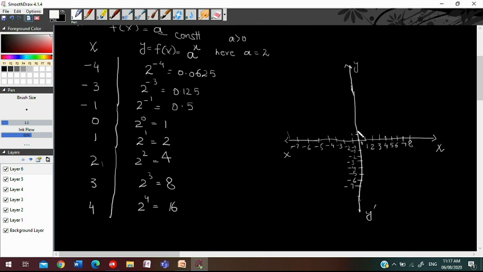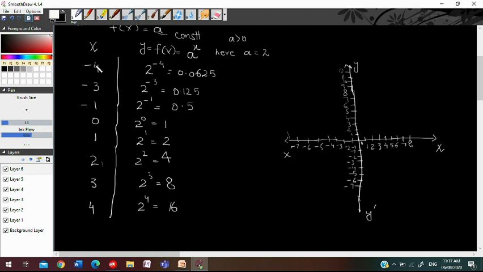And here we have 1, 2, 3, 4, 5, 6, 7, 8, 9, 10, 11, 12, and so on. Now, what we are going to do is join these points.